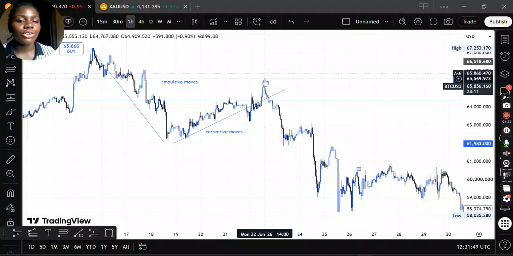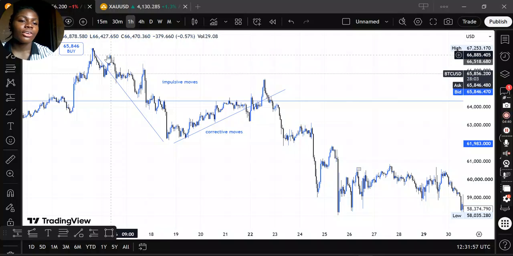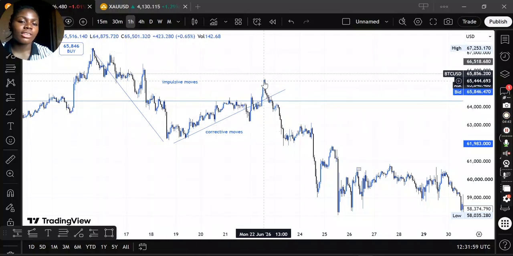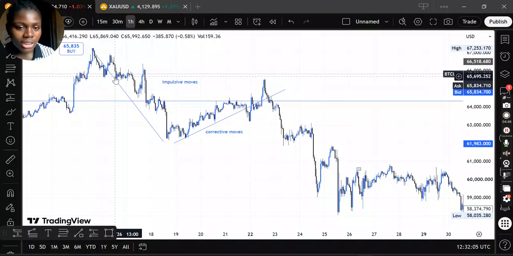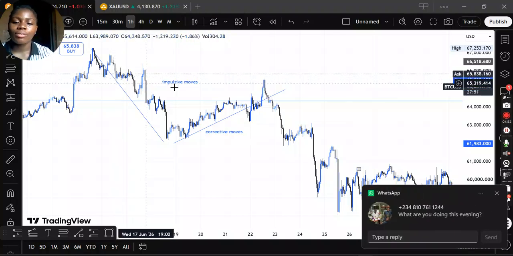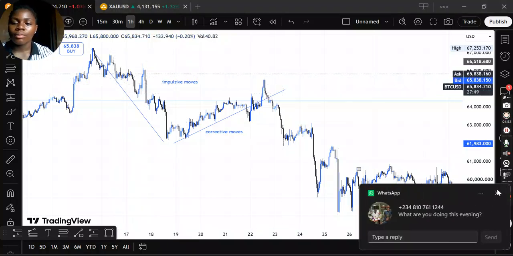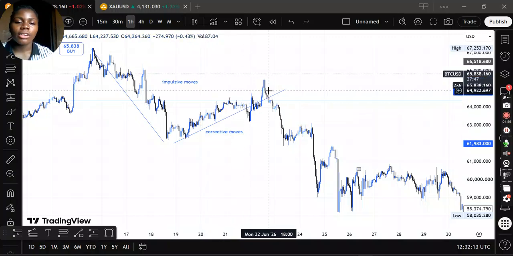Price is only trying to correct whatever position it has covered, and that's what happened here. So it sold, and then it starts to buy. It's only going back to correct it, which most of you say it's a retest. Yes, it's called the corrective move. It's a retest, and then there's here again.